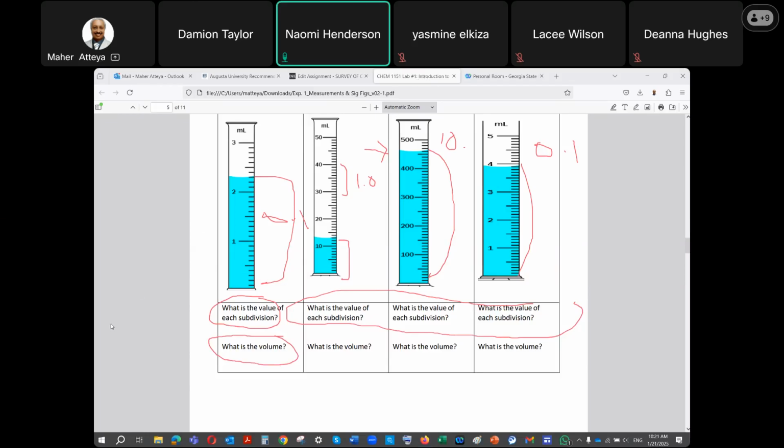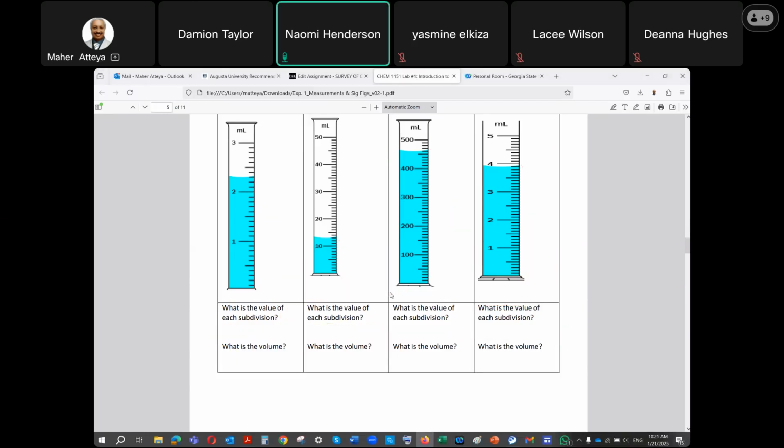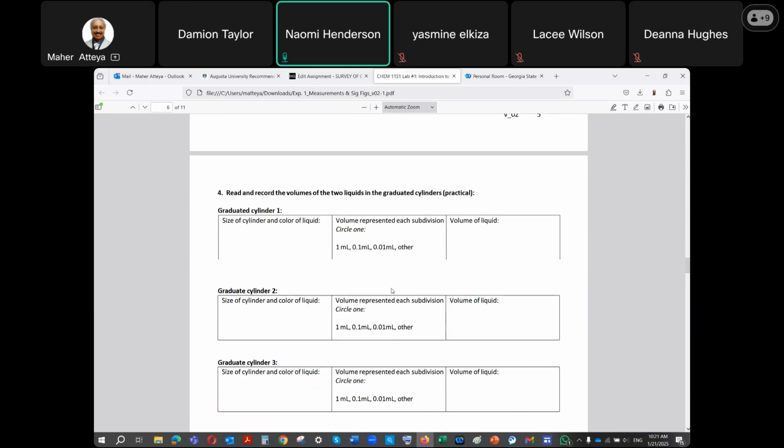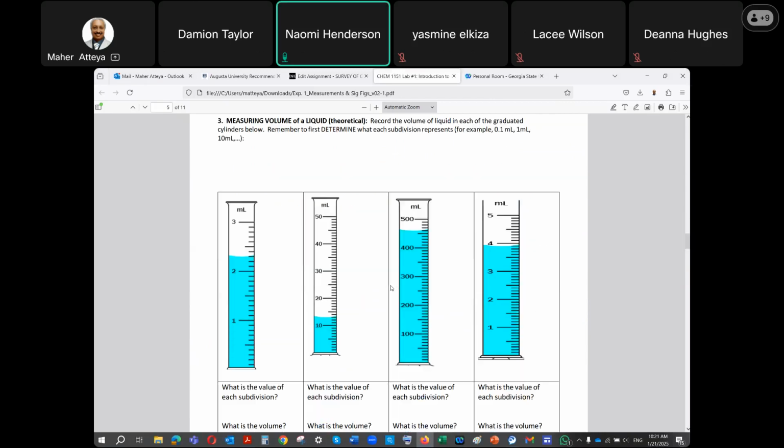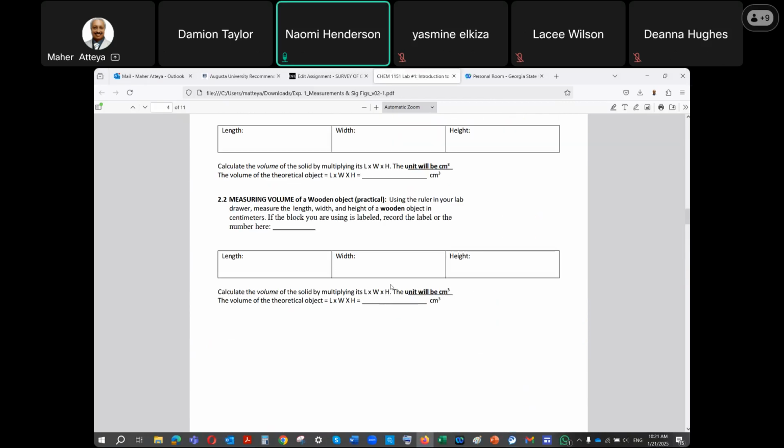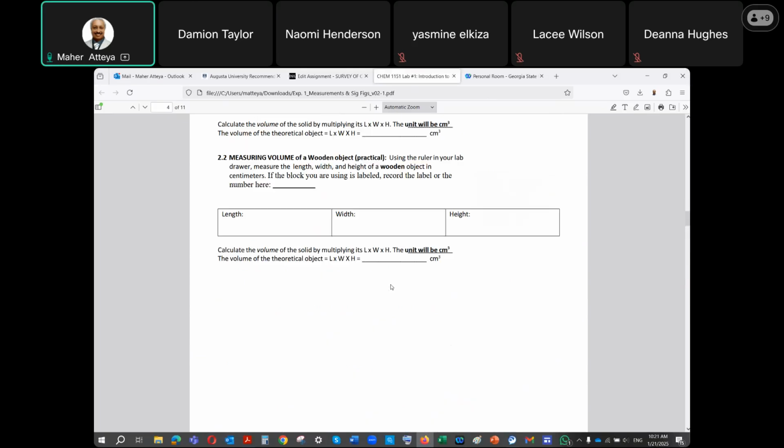Professor, I do have one question, but it's not about the cylinders. I just wanted to clarify for number 2, measuring the volume of a solid. Are we measuring an item that we have, or the item that's drawn on the report?